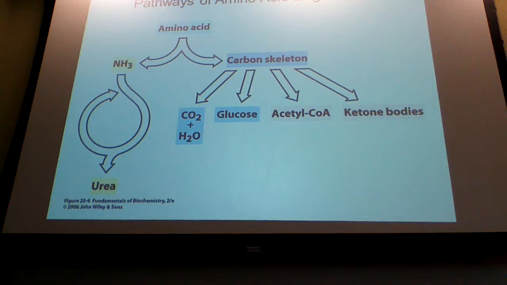So, the simple diagram. I have my amino acid, I deaminate it. The ammonia gets thrown into the recycled and I can excrete it.